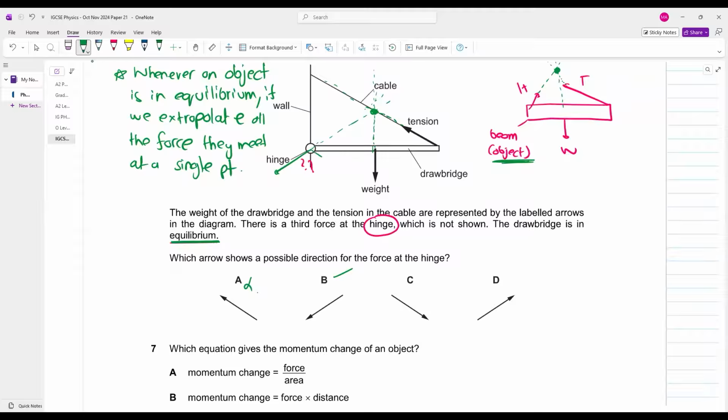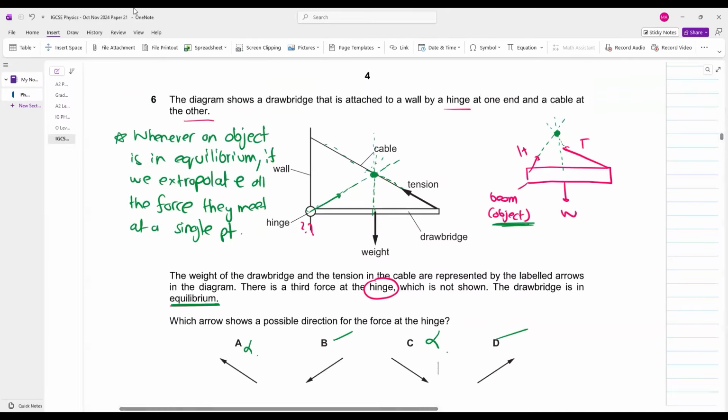Option C will not be a possible answer. Why? Because in option C, your force is acting like this. If I extrapolate it, it is not meeting at the point indicated here. Can option D also be a contender? Yes, option D can also be a contender. It is also going through the same point. ठीक है. B और D में से कोई हो सकता है. A और C नहीं होगा.